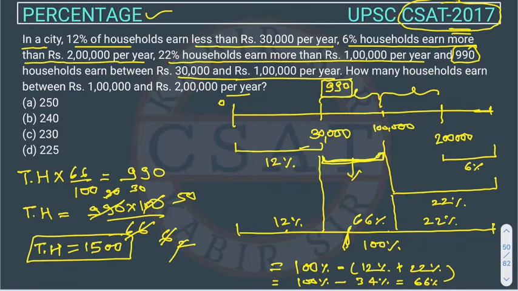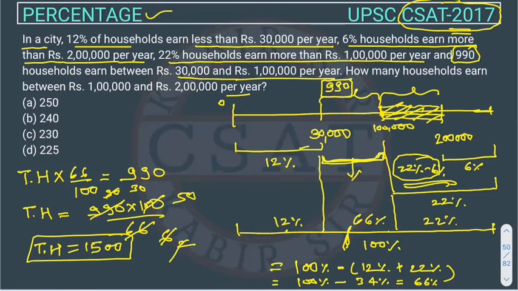Now we have to find out the households earning between 1 lakh and 2 lakh, right? This one we have to find out. So we know that households above 1 lakh are 22% and above 2 lakhs are 6%. So this will be 22% minus 6%, or not? Are you following me or not?